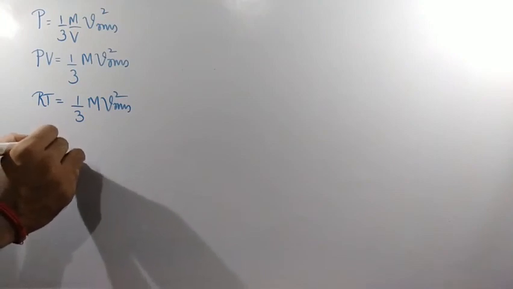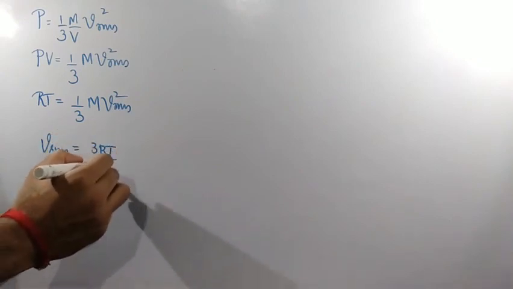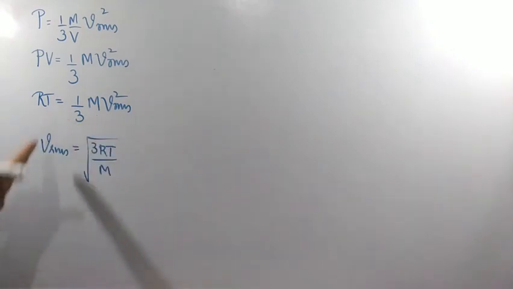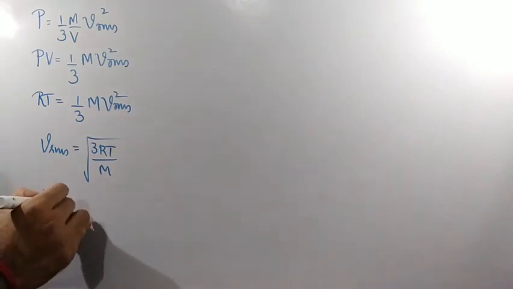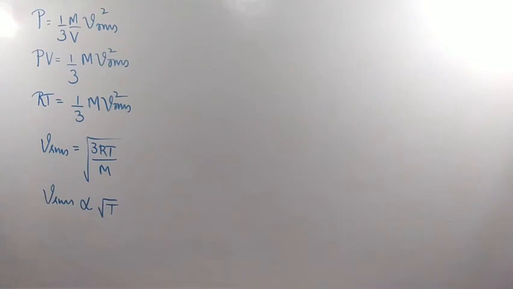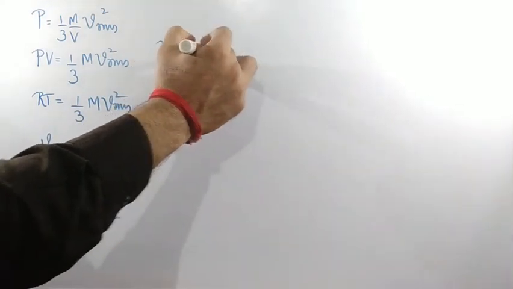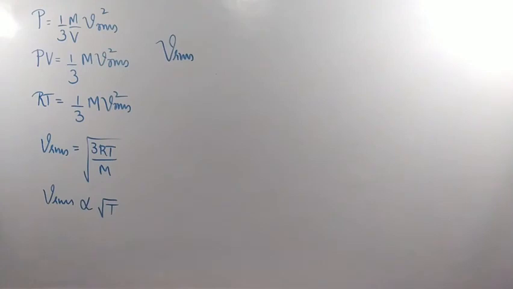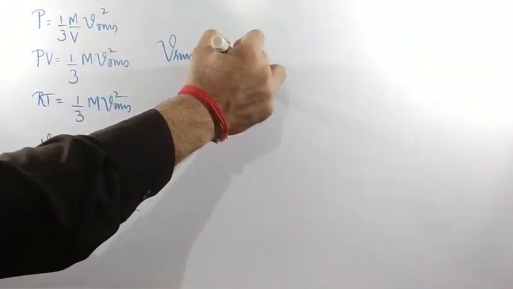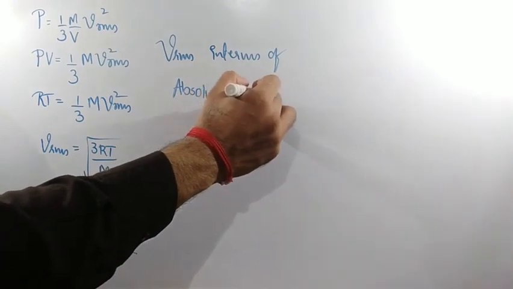Clear? Now, if I want to separate the Vrms value, Vrms will be equal to root of 3RT by M. This complete quantity will be inside the root, correct? 3RT divided by capital M. This is nothing but Vrms is directly proportional to the square root of temperature T. So this equation gives Vrms, the root mean square velocity, in terms of absolute temperature.